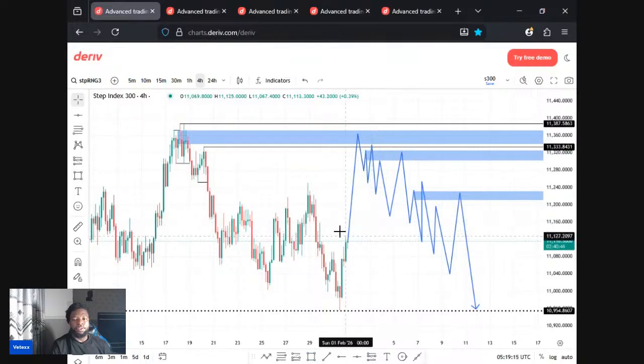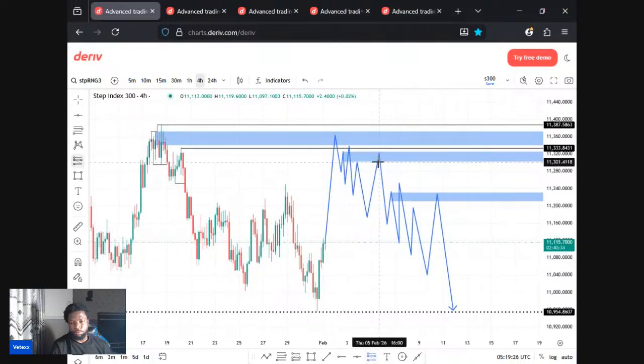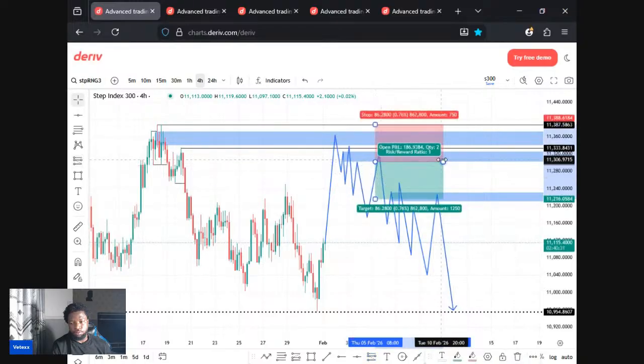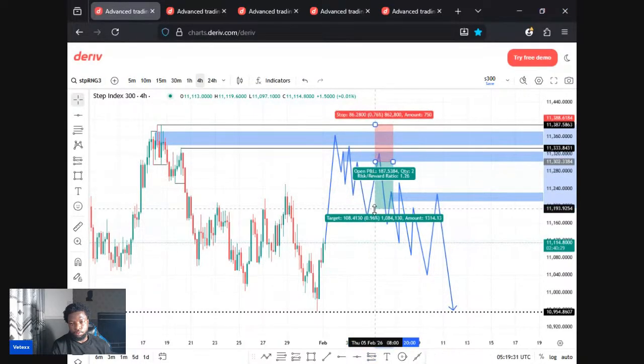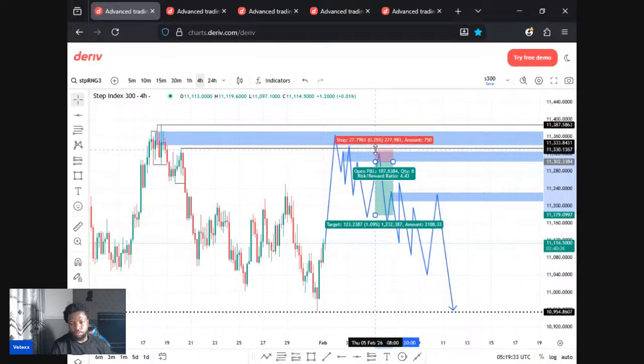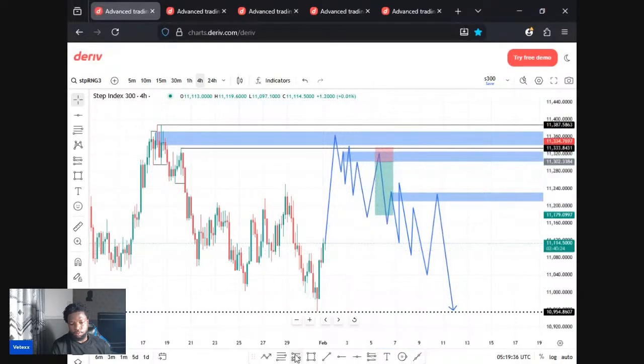We are only going to be anticipating this if this doesn't hold. If this 1 hour doesn't hold, we'll be anticipating this. So the approach is quite simple.